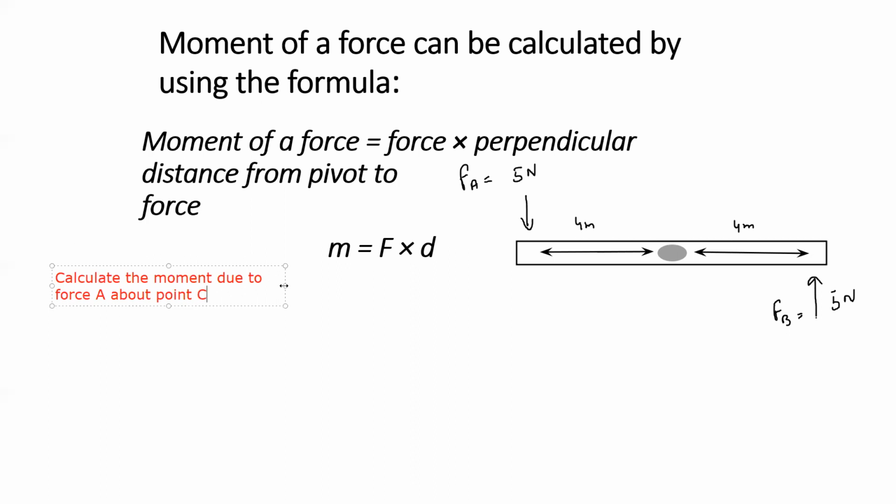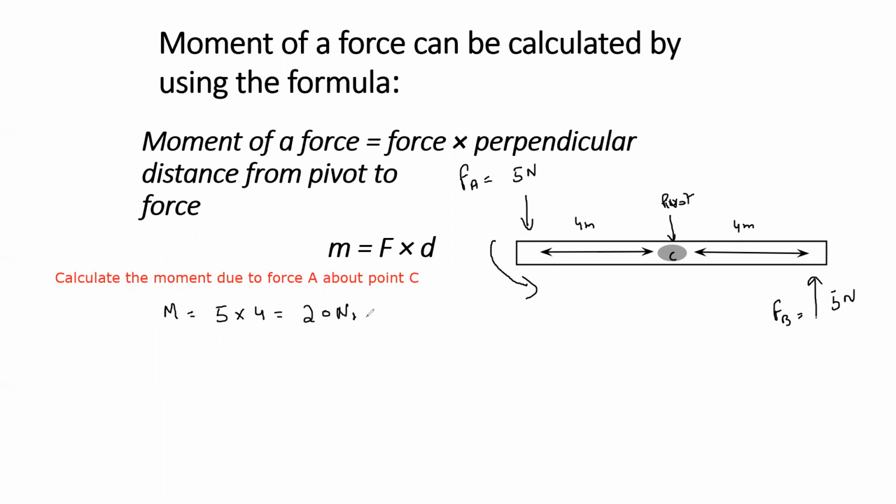Point C is the pivot, which is also known as point C. So if we want to calculate the moment of force A about point C, we only want to calculate the turning effect of force A. So what is the turning effect of force A? The moment is given by force multiplied by distance. So force is 5 and the distance is 4. So 5 multiplied by 4, that's equal to 20 Newton meter.